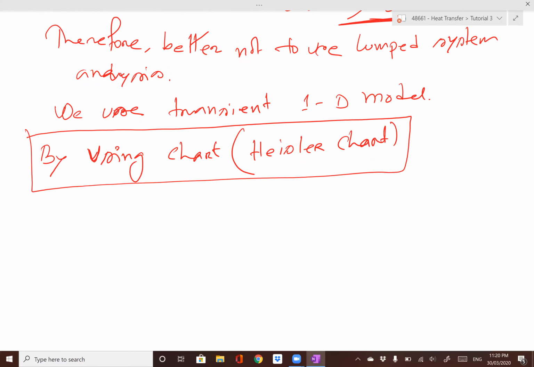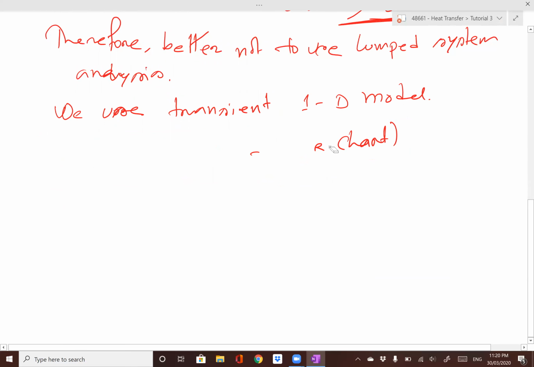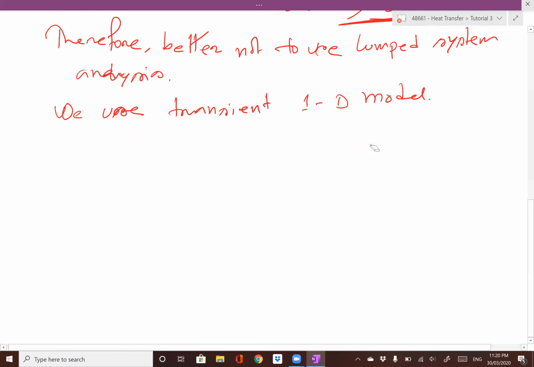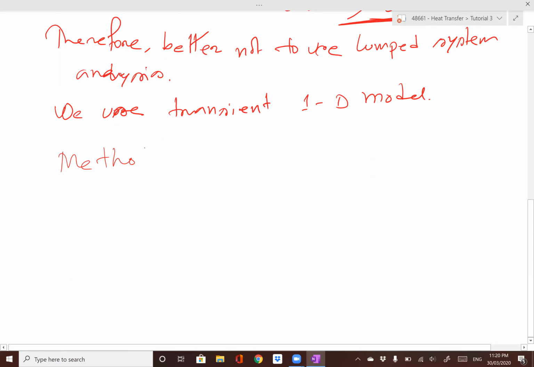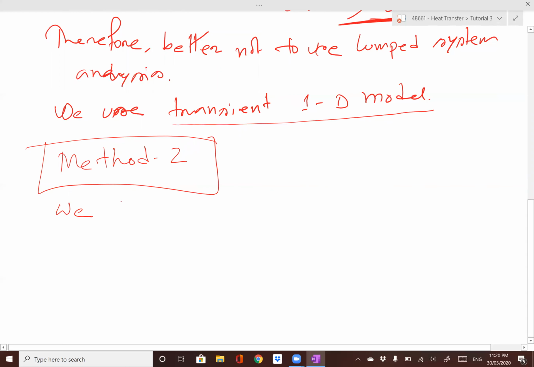Okay, so let me say another method. This one is also the tangent one-dimensional model.